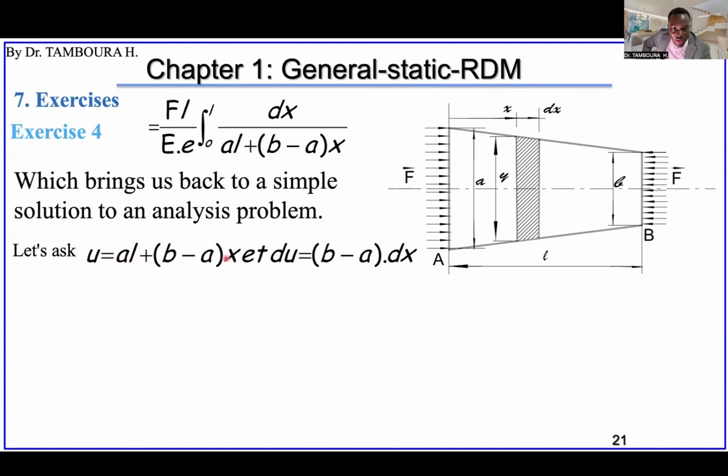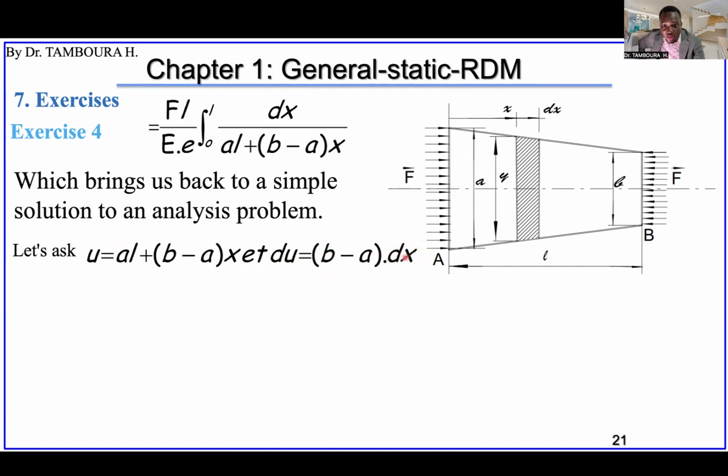If you derive this, it will be dx. Okay, so dx. So from this, you can obtain dx here, right? It will be du divided by b minus a.